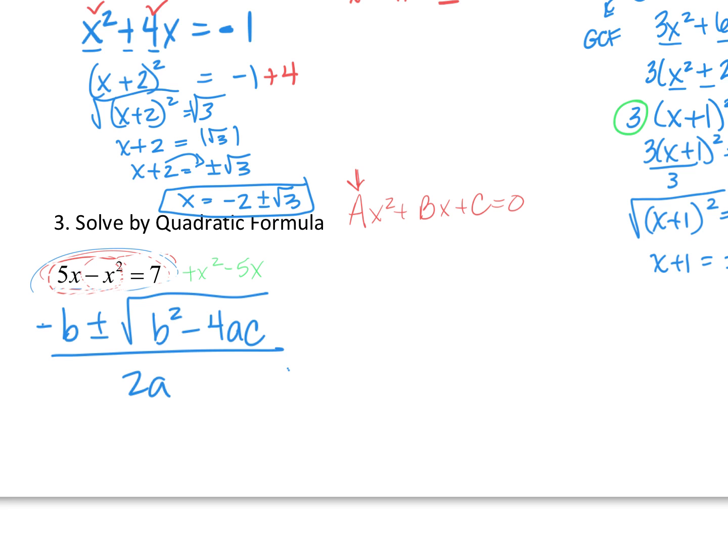So that leaves me with x squared minus 5x plus 7. So now I can see a is what? Positive. A is positive. What value is it? It's just a 1. Yeah. A is 1. B is? A is 1. B is negative 5. And C is 7. Now it's just plug in your equation.